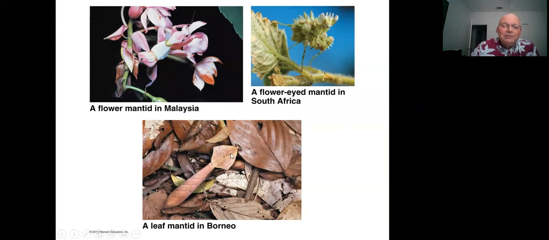And here's one that likes to live amongst leaf litter, and you can see that it looks very leaf-like. It even has a vein pattern very similar to the veins of the dried leaves sitting on the ground. So each one of these is a mantid, a praying mantis, but the features that it's showing are appropriate to the location and they're appropriate at this time to allow them to survive.